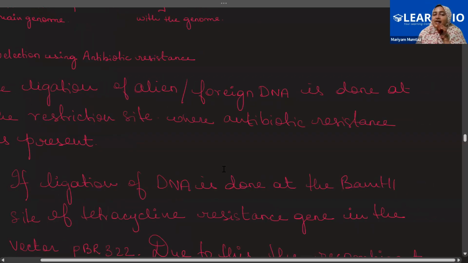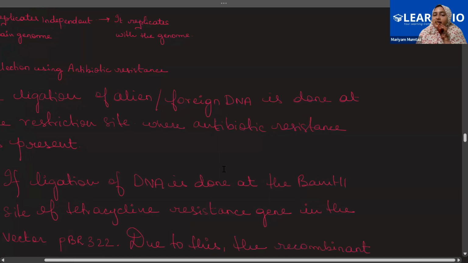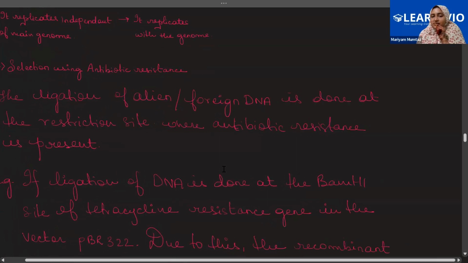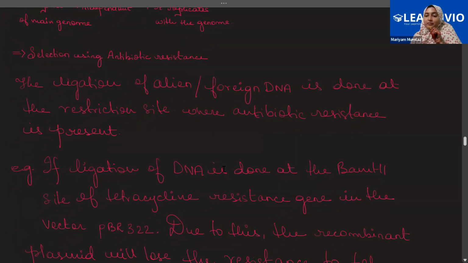Now, we know that the ligation of any foreign DNA is done at the restriction site. And you might remember that there are so many restriction sites in the E. coli plasmid, like the picture that I showed you. In that, at one side, there was tetracycline resistance, and at the other side, there was ampicillin resistance. So that will give us a lot of help in terms of selection of the transformant.